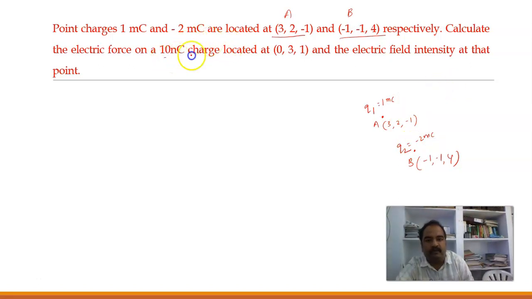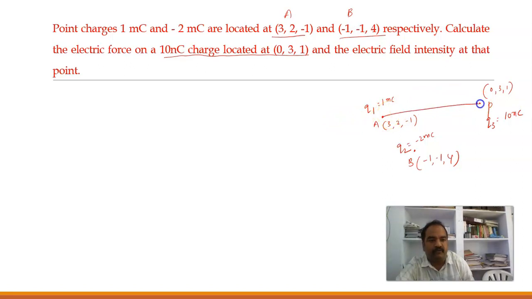And there is another charge at this particular point where we need to determine the force. Let us suppose this is P, which is at (0, 3, 1), and it is having a charge of 10 nanocoulomb. So we need to determine the force at this point P.